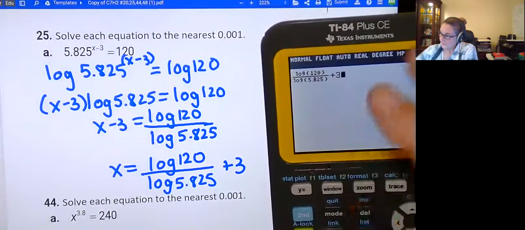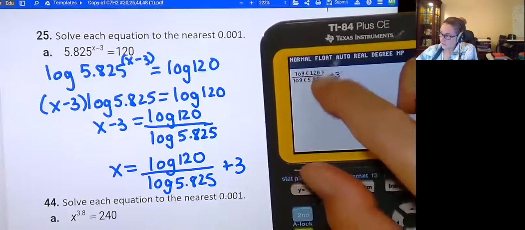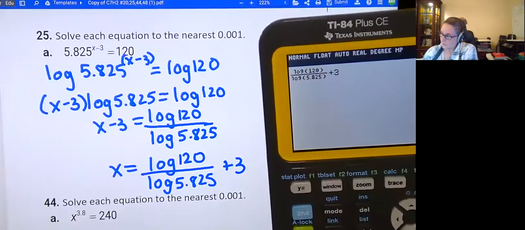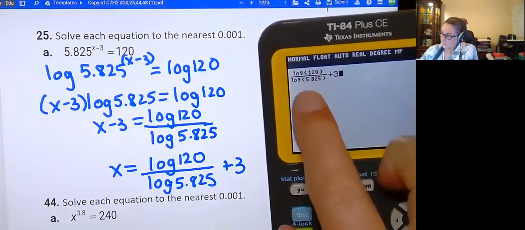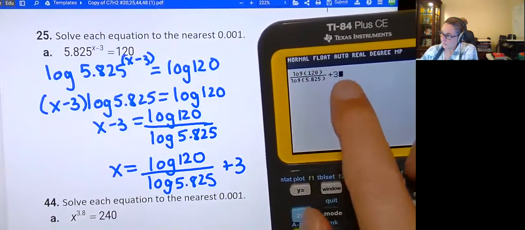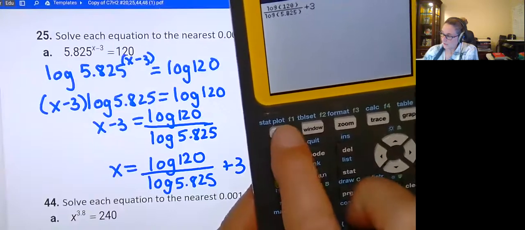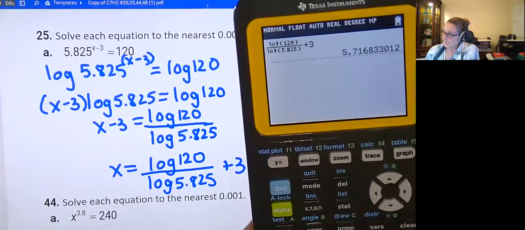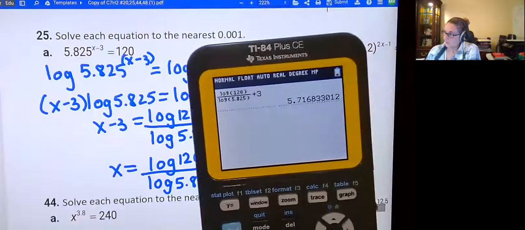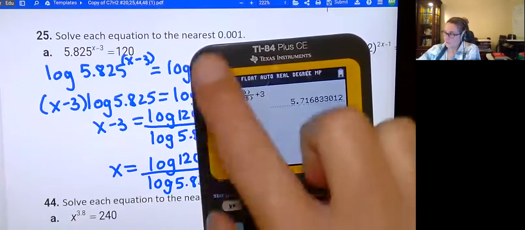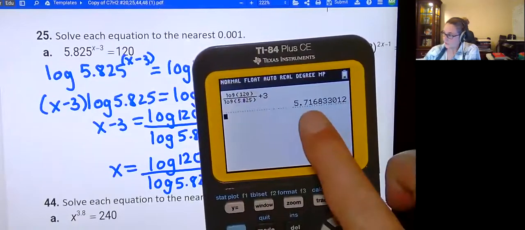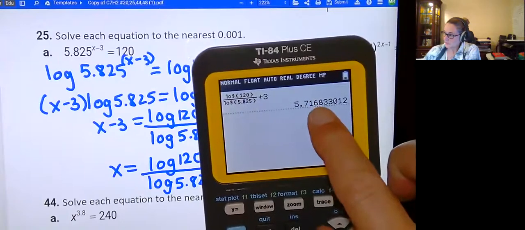Again, I like to use the fraction. That way it will do the proper order of operations always for me. So I'm taking log of 120 divided by log of 5.825 and adding 3. And again, to get to that, I did green alpha and then y equal. And this is what I got. They want it to the nearest thousandth. It's 3 numbers after the decimal. So that means I'm looking at the 6.